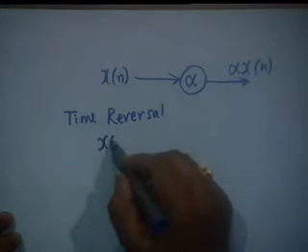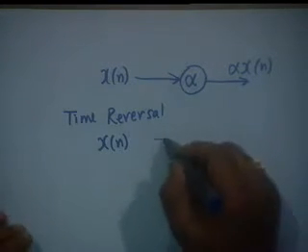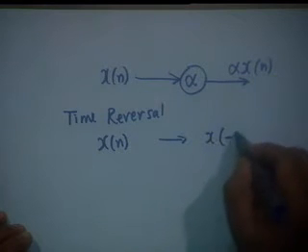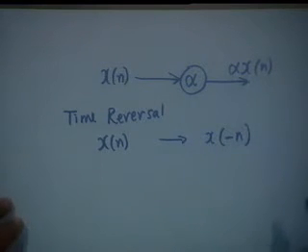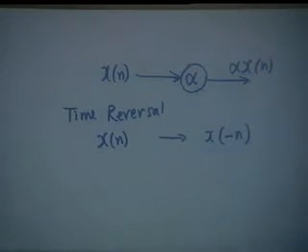that is, given an x of n, the time index is reversed, that is, you form x of minus n, which simply means that you flip over. If this is a right sided signal, then you flip over and make it a left sided one. If this is a left sided signal, flip over and make it a right sided signal.